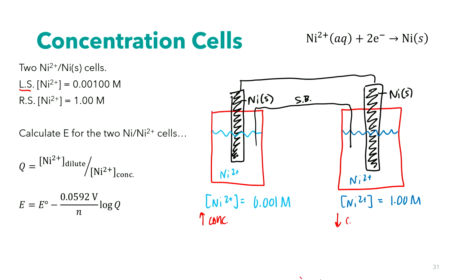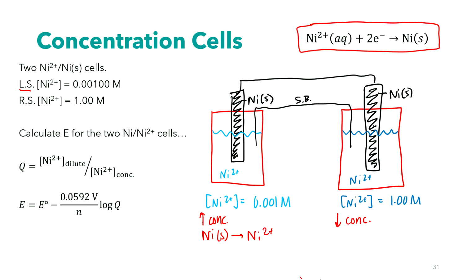So, how do we do that? We have to look at our reaction, right? This is what's happening. If I want to make more nickel 2+ on the left side, then I better be doing the reverse. I need to be running the oxidation process over here, because if this is my oxidation process, I make nickel 2+.